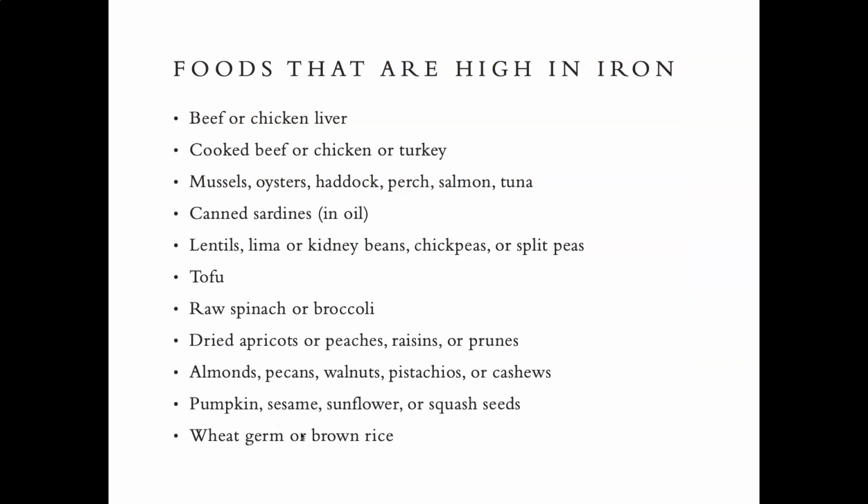And so let's talk about really quick some foods that are high in iron, because iron deficiency anemia is one of the most common types of anemia. And this just lists for you a whole bunch of foods that are high in iron.